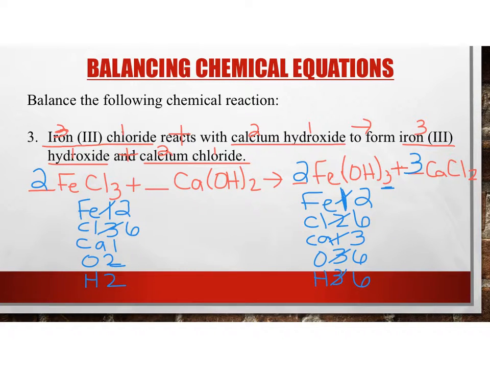All right, so go back to the top. 2, 6, 6. Calcium on the left needs 3. When I do that, that changes my O's and H's. But I've got this 2 here, so 2 times the 3 gives me 6 and 6. So now I am balanced.